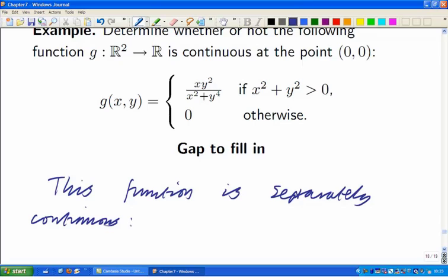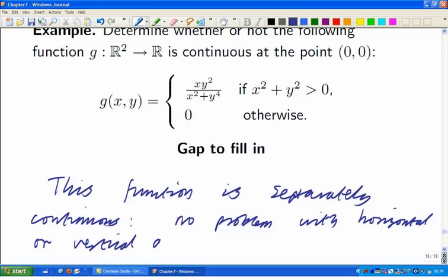So let me note, this function is separately continuous. So no problem with horizontal or vertical approaches to a point, well, let's say to the origin.